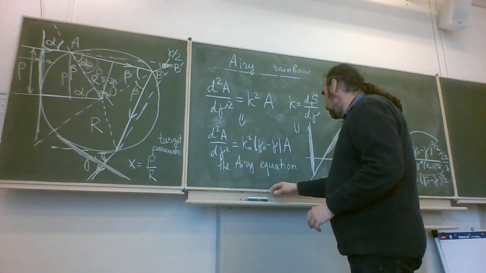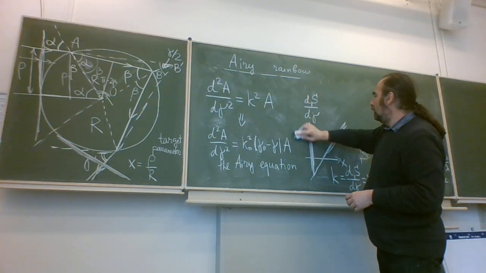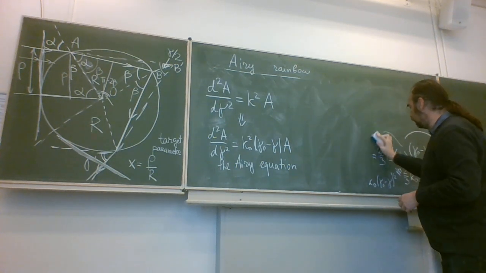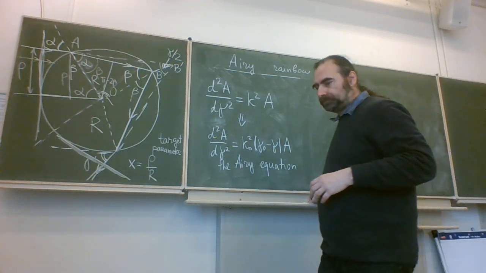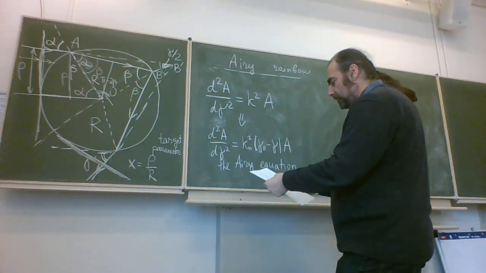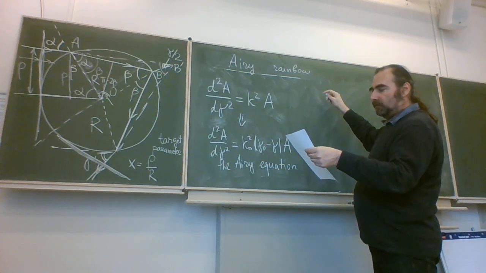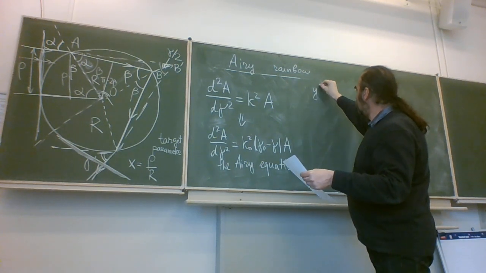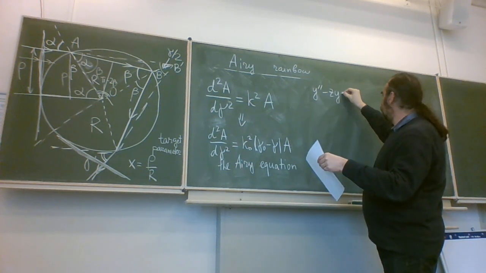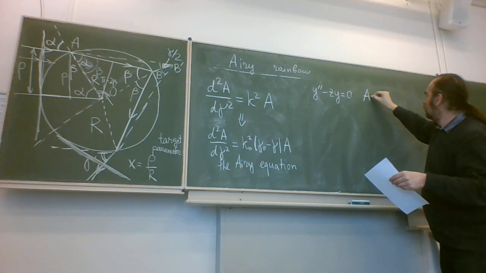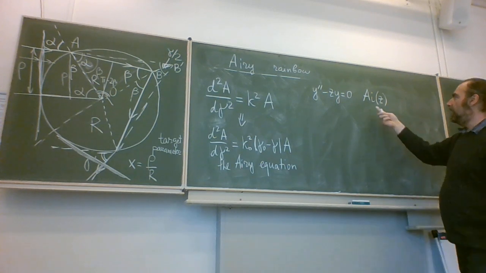Now, the Airy equation is not something we can solve analytically, so the solution is called the Airy function. So if you have a solution of this equation, y double prime minus zy equals 0, then the solution of this equation is called the Airy function.